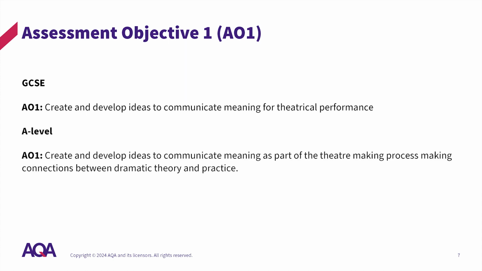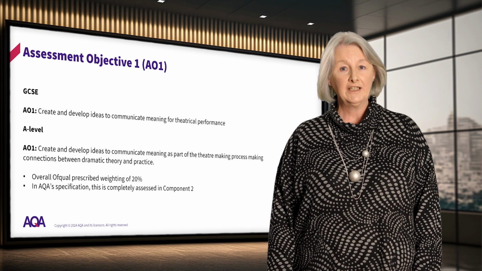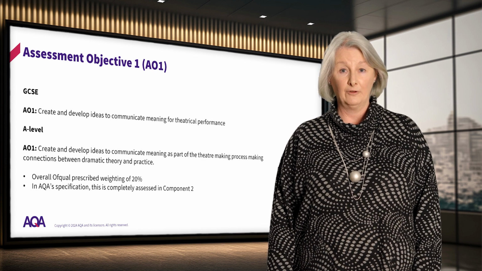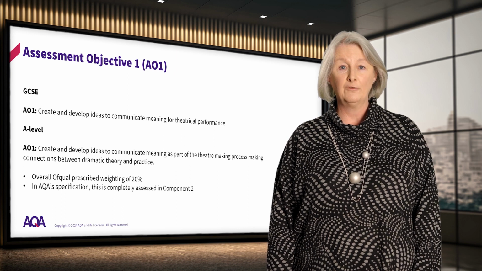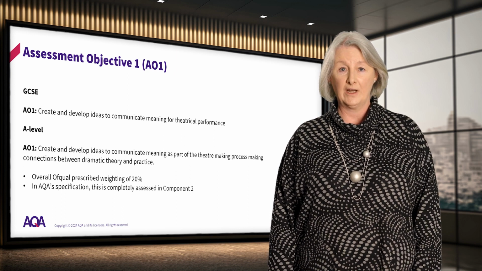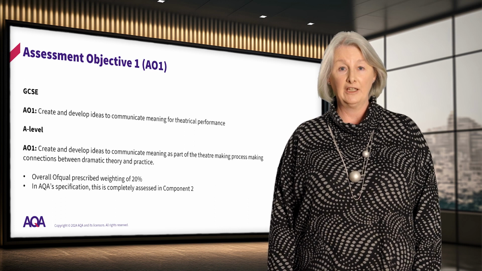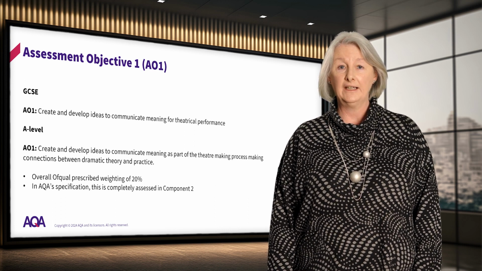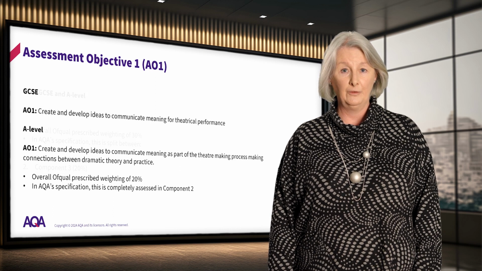And at A-level, there is a step up and a little more nuance evident in the assessment objective, as it becomes create and develop ideas to communicate meaning as part of the theatre-making process, making connections between dramatic theory and practice. Although Assessment Objective 1 is more nuanced at A-level, at both GCSE and A-level, this assessment objective has an overall Ofqual prescribed weighting of 20%. In both AQA specifications, AO1 is completely assessed within Component 2.